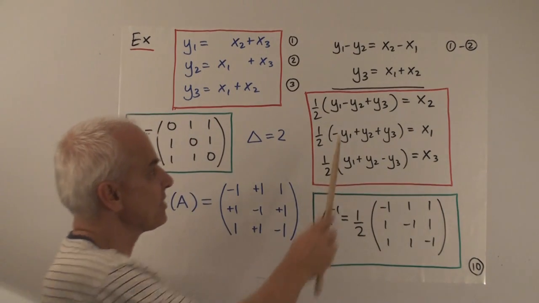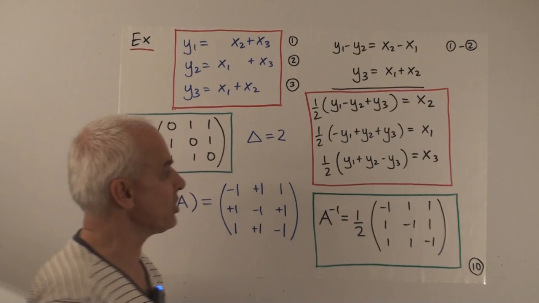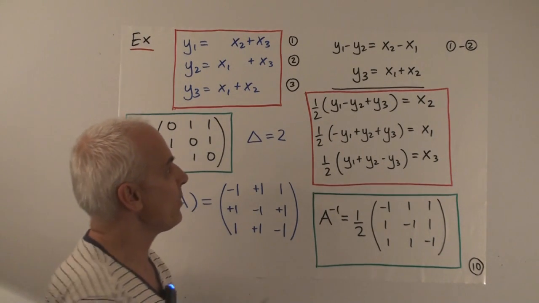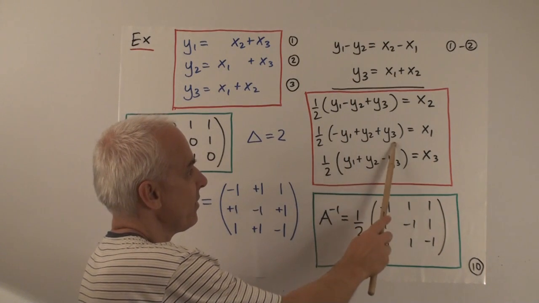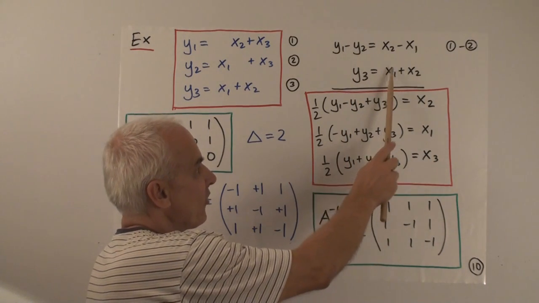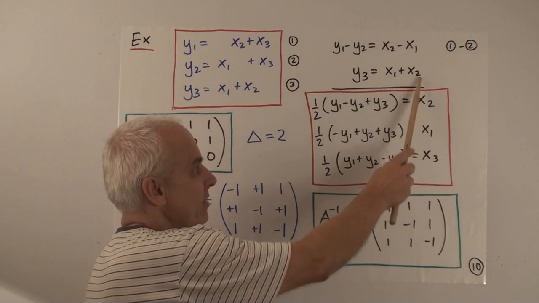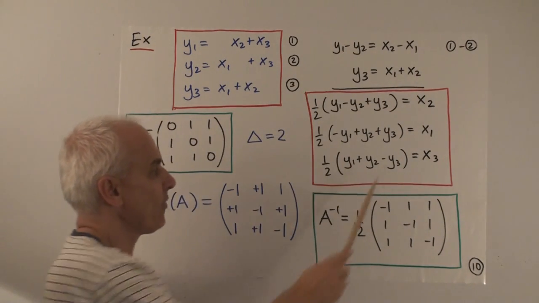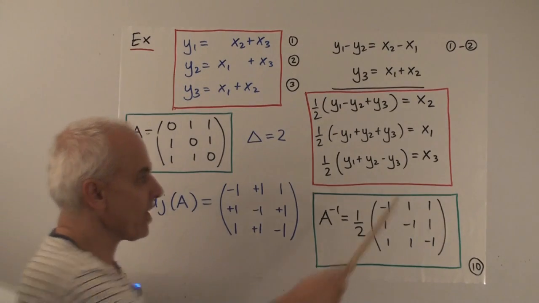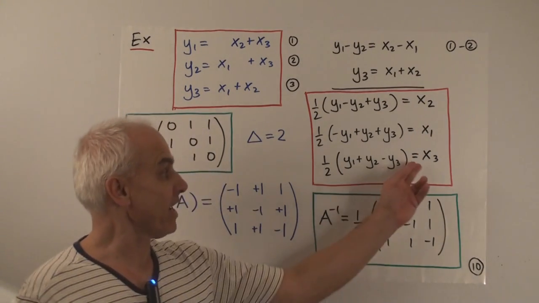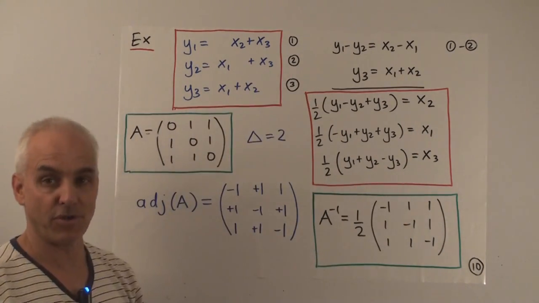If we take the difference, we take this equation minus this equation, then we get y3 minus y1 plus y2, there, equals this minus this is 2x1, the x2's drop out, and so x1 is 1/2 of this. And once we have x1 and x2, we can find x3 by going back to one of the original equations.